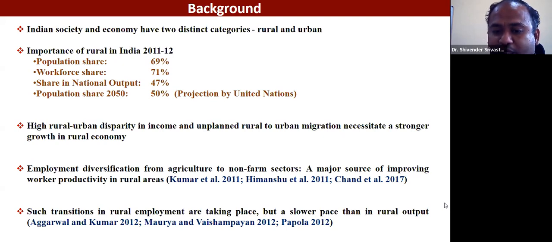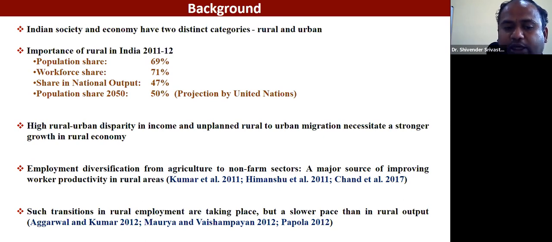In fact, all the indicators and most studies say that such a transition is taking place, but employment diversification is slower. It is taking place at a slow speed as compared to the transitions in rural output. I will show some evidence on that so that you will get more clarity. It means that things are taking place, but at a slower rate.